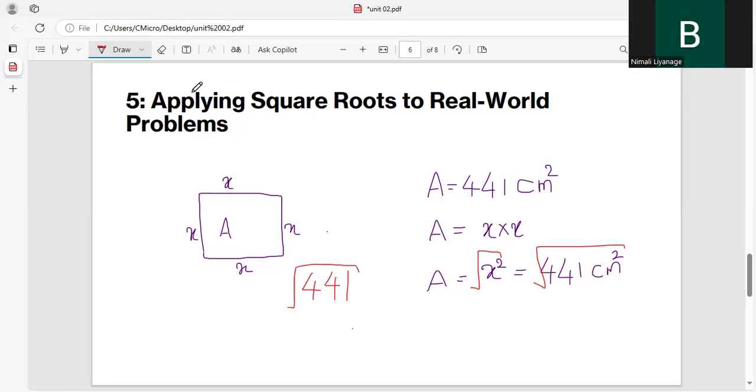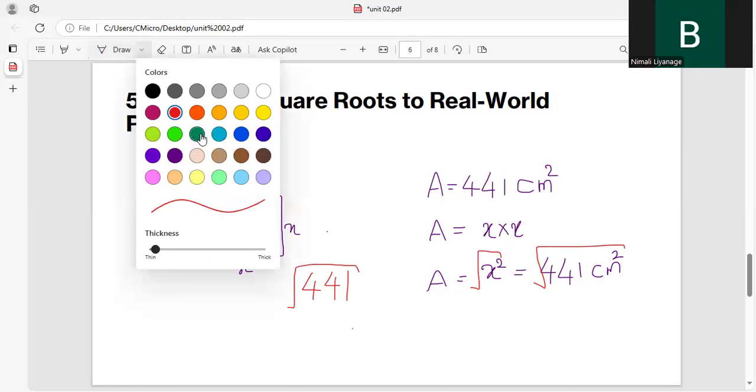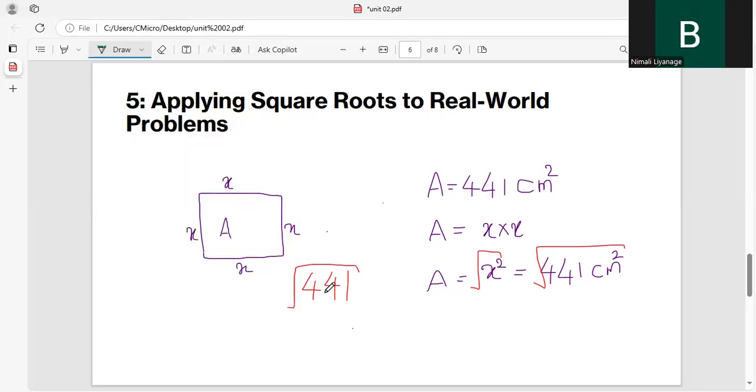Finding the square root, we divide into two groups. What's the largest possible number whose square is less than the first group? 2. 2 times 2 is 4.